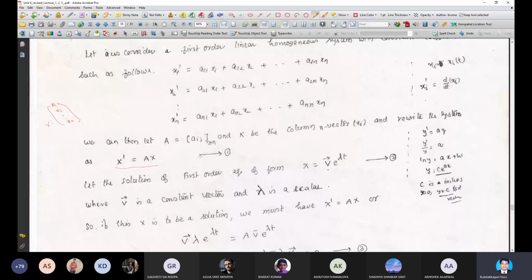So I have taken the solution as v bar, this is the vector, into e power lambda t, where lambda is the scalar. So our solution will be of the form x is equal to v bar e power lambda t, right?